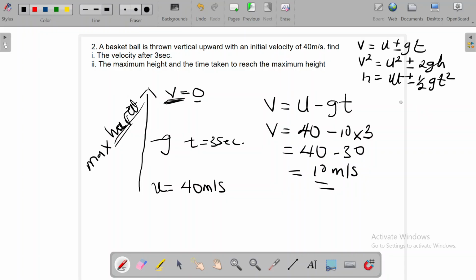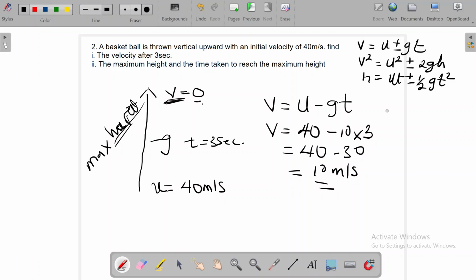So which should I use in this case? This second equation has height. I think I can use this because the values here are given. I know the value of v at maximum height. At maximum height, v should be 0.